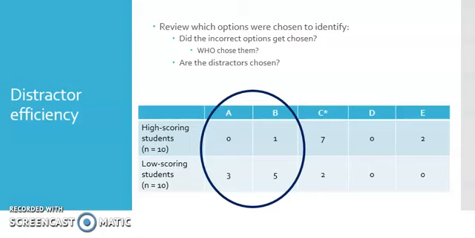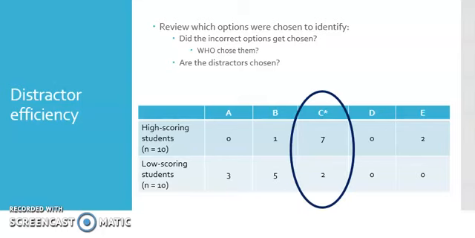And for B, 1 of the high scoring students chose that distractor, but 5 of the low scoring students did. So we can see that for both A and B, some students chose them, and it gives us information about what those particular students might need to review, maybe with a little intervention or mini lesson or group discussion.